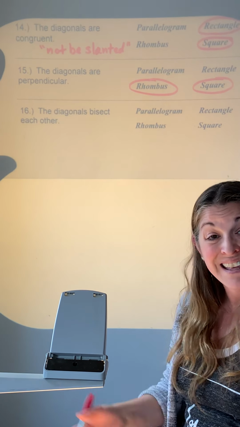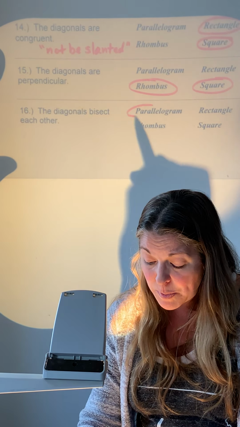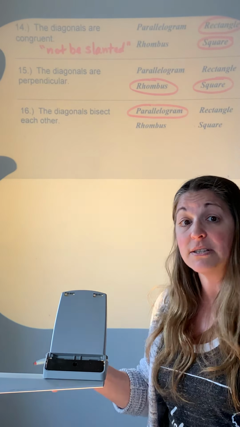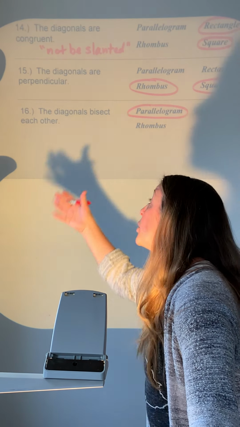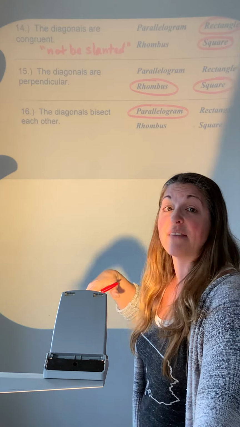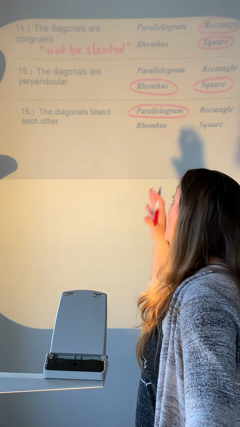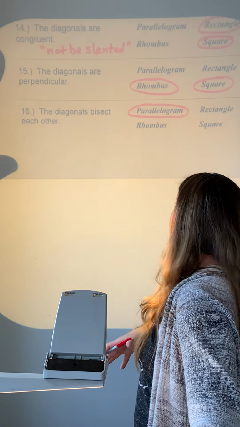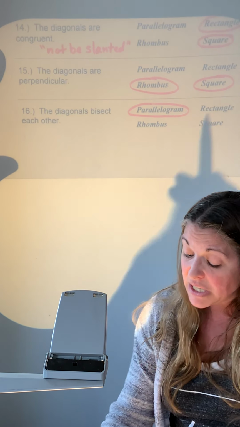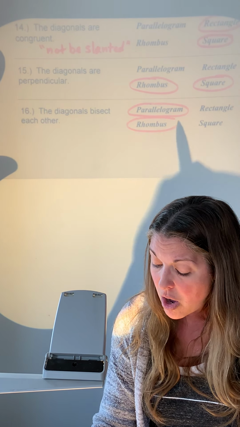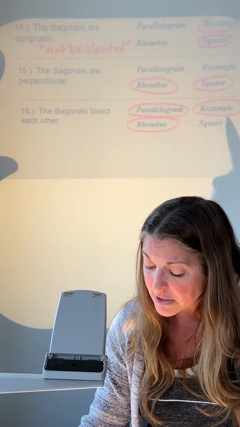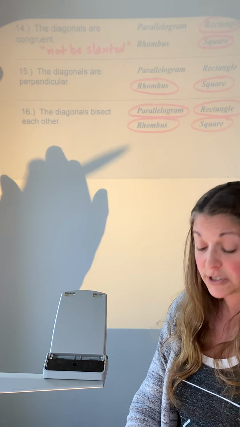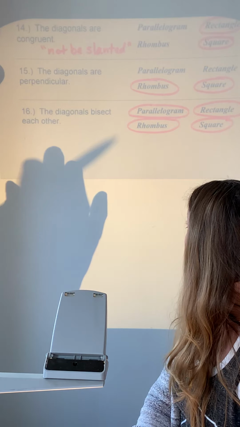Okay, well again, that goes right back to the idea of the parallelogram. The parallelogram didn't have his diagonals being perpendicular. It didn't necessarily have his diagonals being congruent, but first and foremost, we learned that the diagonals bisected each other. And again, because these 3 are special parallelograms, they share that characteristic as well.